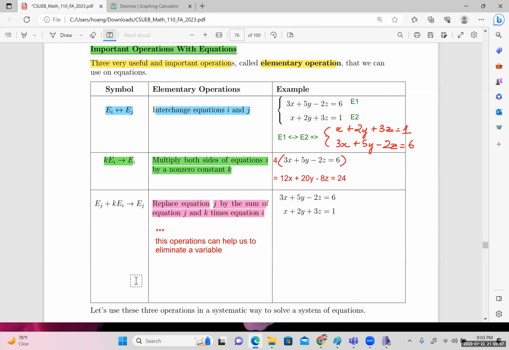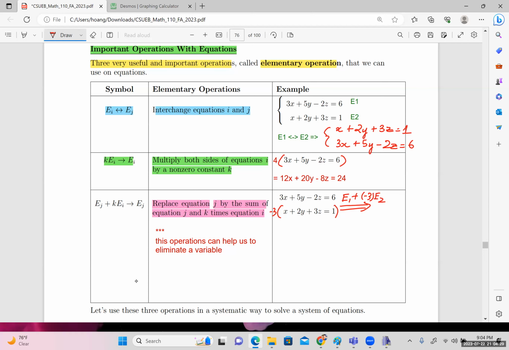So for example, if I multiply negative 3 with equation number 2 here and add it with equation 1, so what happens? I'm going to do it like this. So equation 1, I add it with negative 3 times equation 2, right?